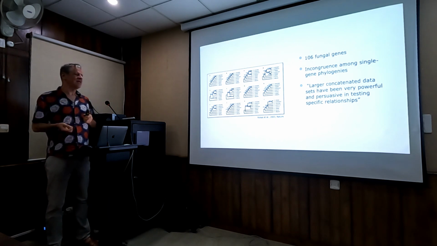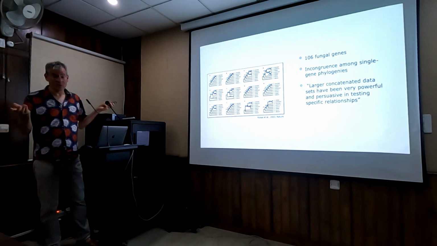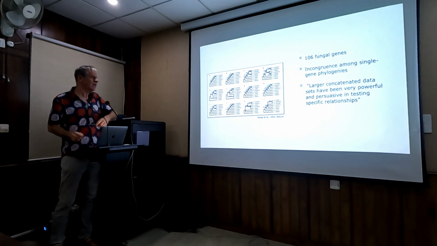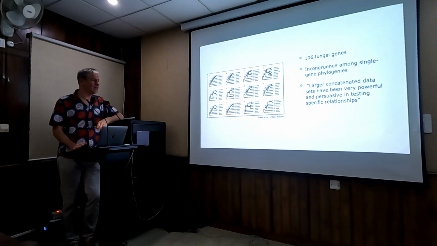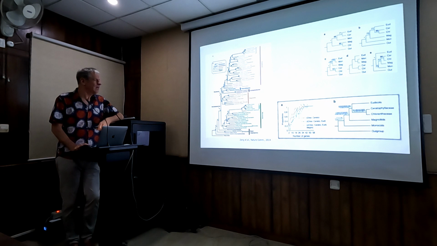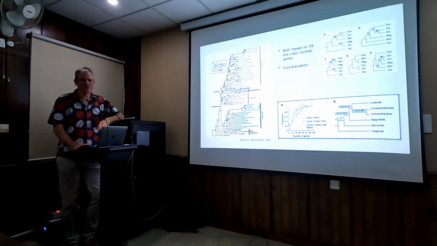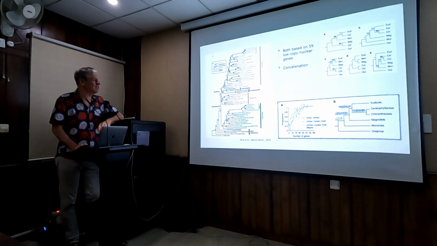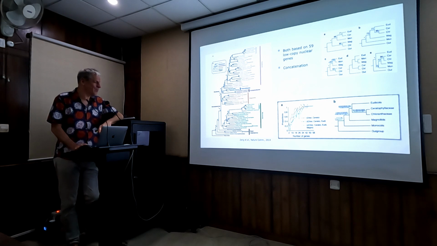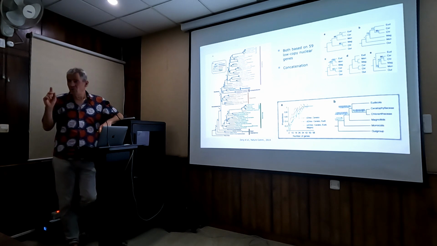Yet, they say that larger concatenated data sets have been very powerful and persuasive. So they still advocate the concatenation approach. And by now you can feel in my tone that something is wrong with concatenation. This is actually, I think, the worst example, where they have 59 not plastid, but nuclear genes.